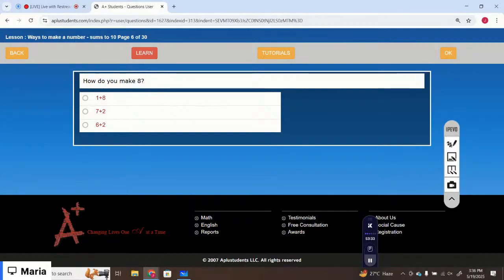How do you make 8? So which is the correct option? 6 plus 2 makes 8.